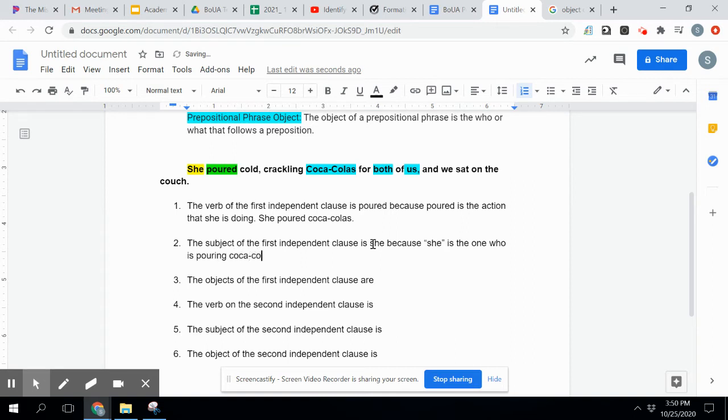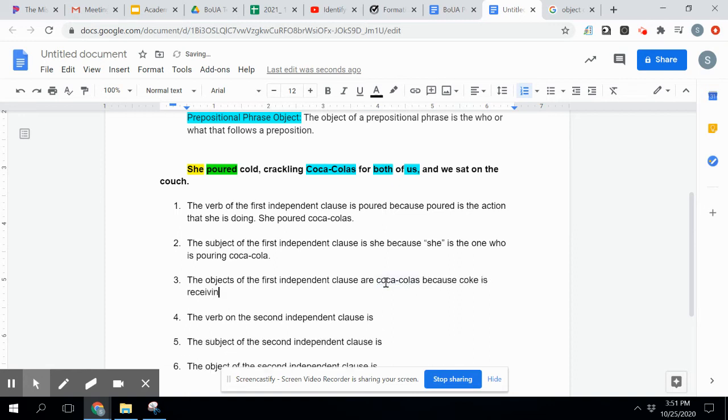The objects of the first independent clause are sodas, because the sodas are receiving the action poured, and both and us, because they are following prepositions.